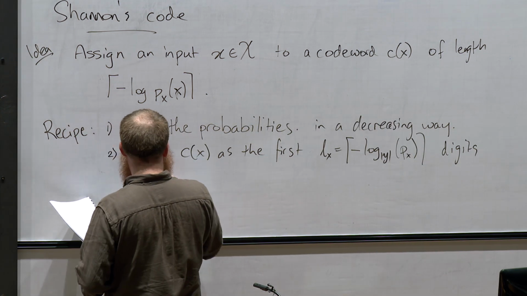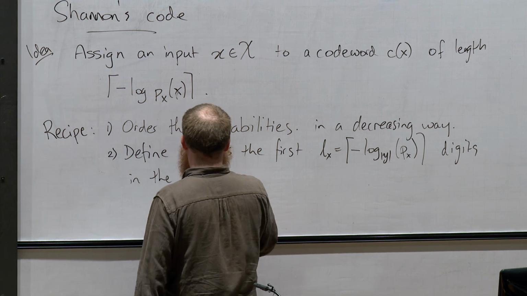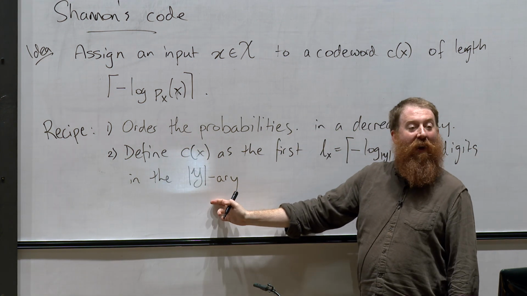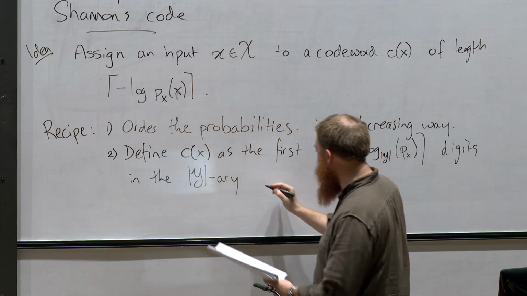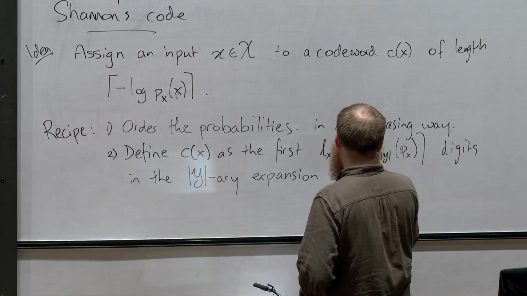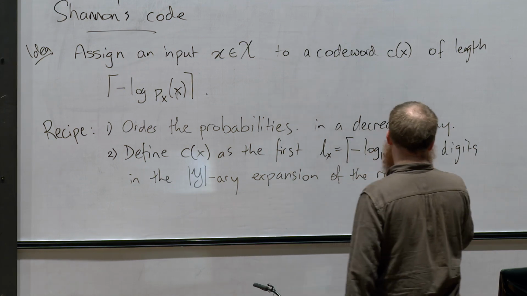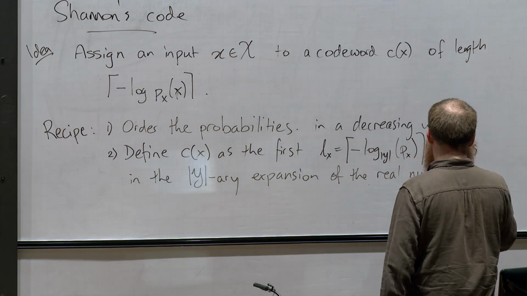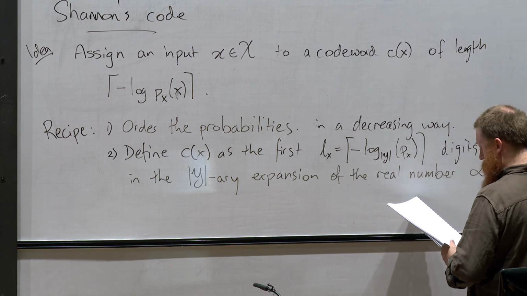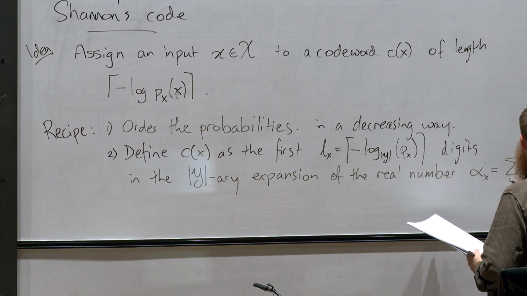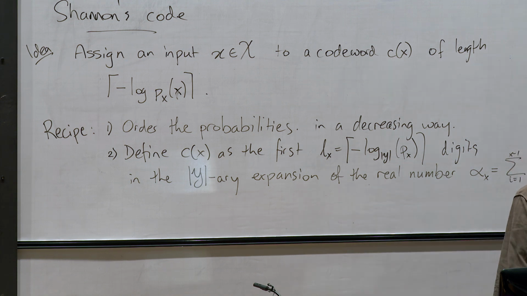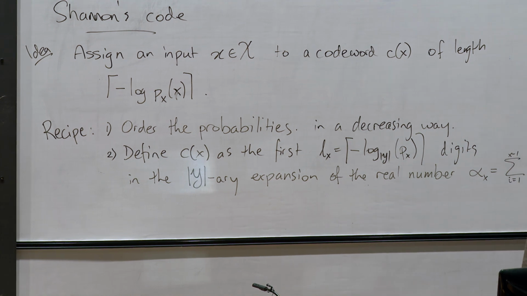In the size of the output alphabet expansion of the real number alpha x, which is equal to the sum over i from 1 to x minus 1 of p_i.